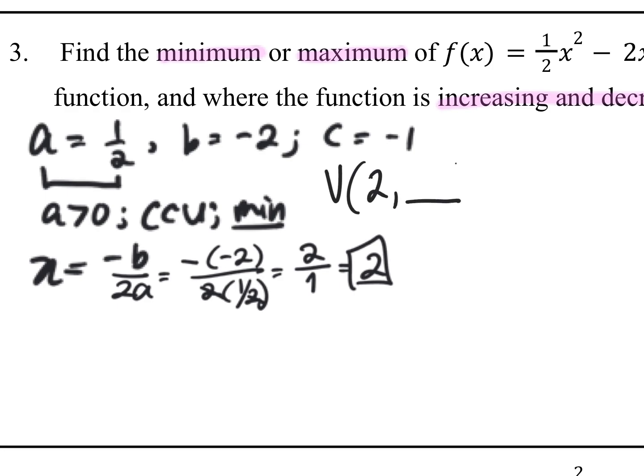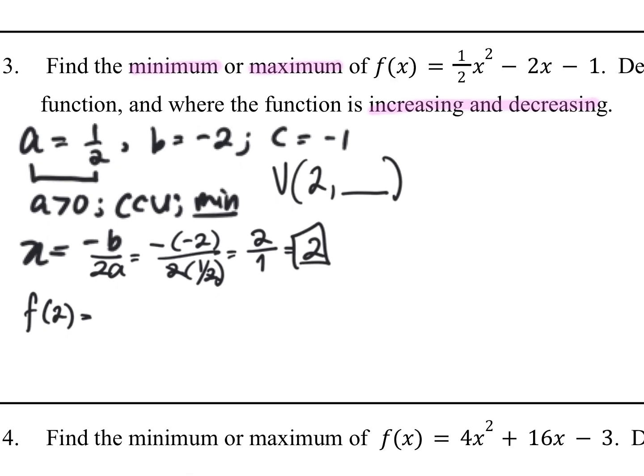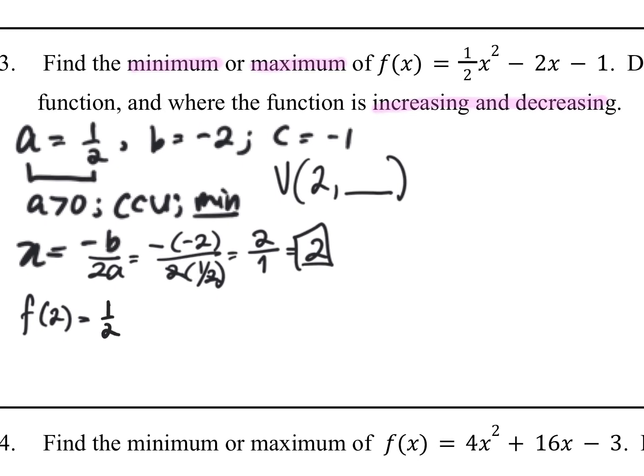Now we're going to find the y coordinate of our function. So we're going to get the same function, but this time we're going to evaluate it with the value of 2. So f of x is equal to 1/2. The value of x here is going to be 2 squared minus 2 times 2 minus 1.